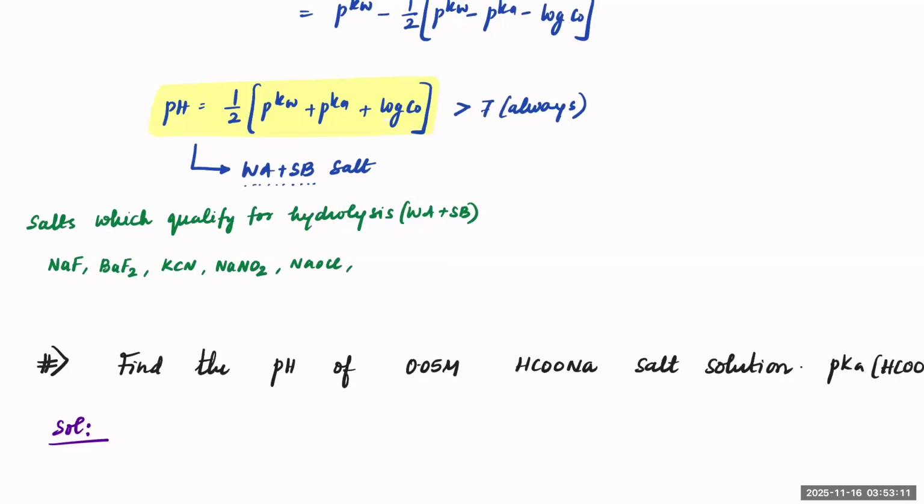Now all organic acids like HCOOK, potassium formate. So it is coming from a weak acid and a strong base. Clear? So any RCOO minus combined with a potassium or sodium, that means they are always going to be weak acid and strong base combinations.